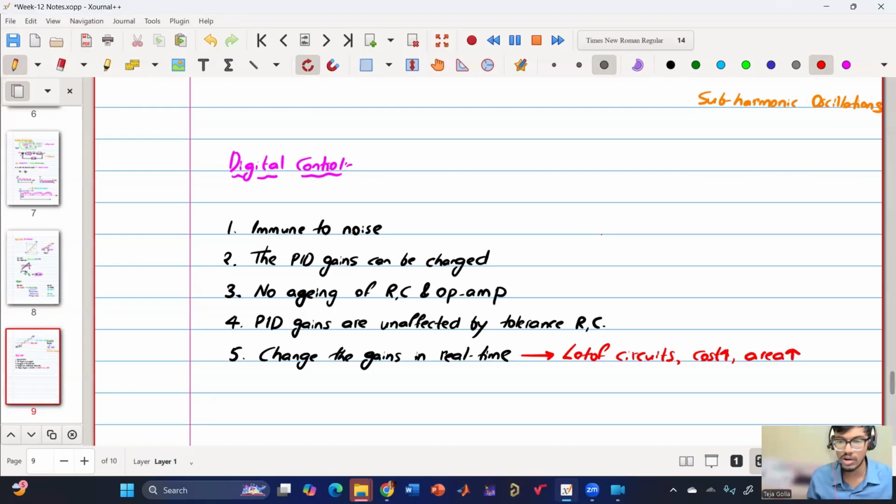Whereas in the case of digital control, it is the same IC. I am just writing the code and dumping it in the same IC. So the size is fixed. Or I can make a custom controller IC also. And I can implement complex algorithms by writing the code.